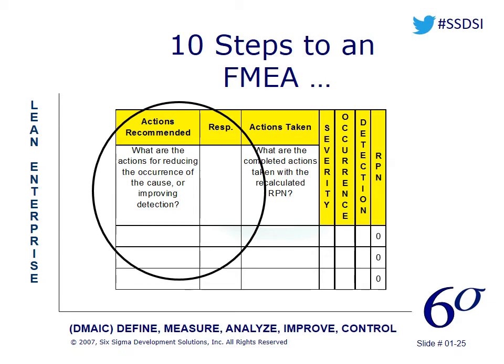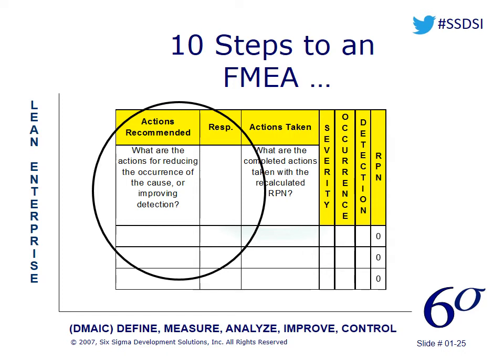What I do is I reference an action plan, a Gantt chart, a project management plan of all the things we recommend, all the things that are going to take place for us to improve the process, and who's responsible for those different activities and milestones.